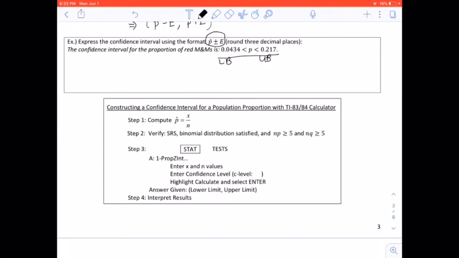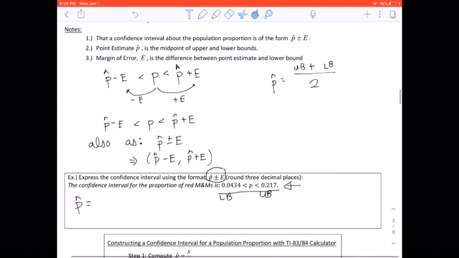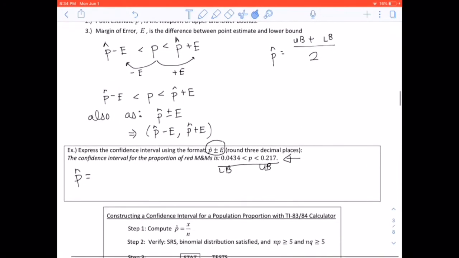So in order to get your P hat value, and this would be the way that the calculator gives you your answer, if you ever need to get the P hat value, you're going to take the upper bound and lower bound and add them and divide by 2.